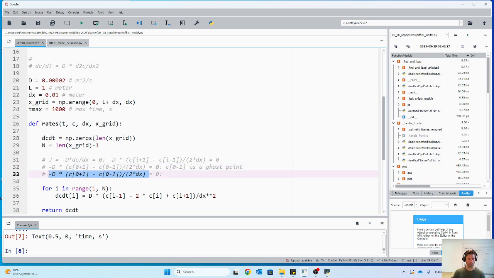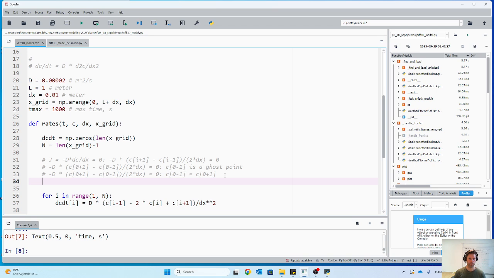This whole expression has to equal 0, and the only way that can happen is if this ghost point is exactly equal to this one, because then the upper part of the fraction will equal 0 and the whole thing will equal 0. So we can derive that the ghost point is equal to the point just right of the left boundary.